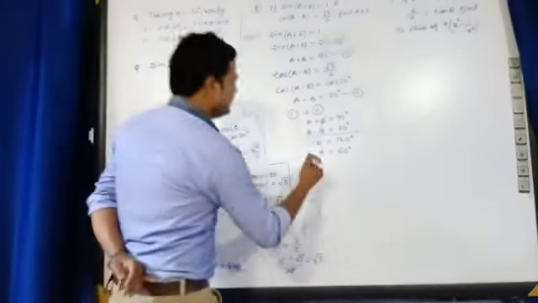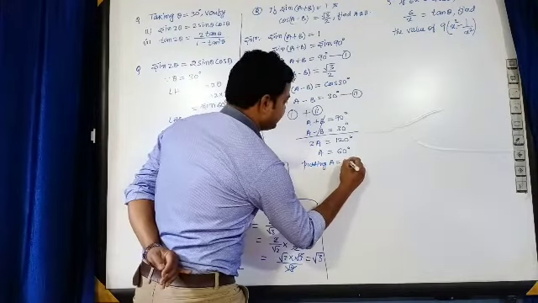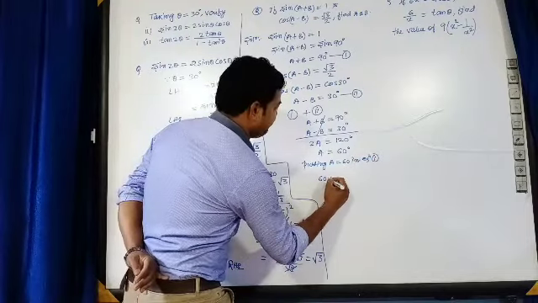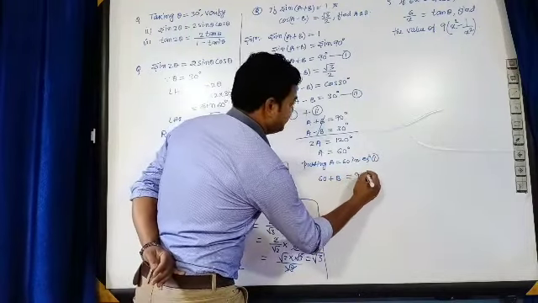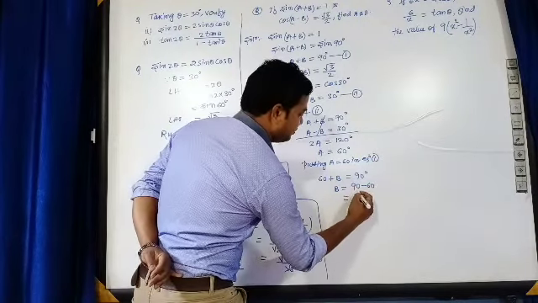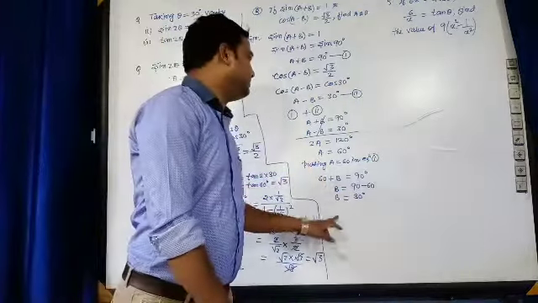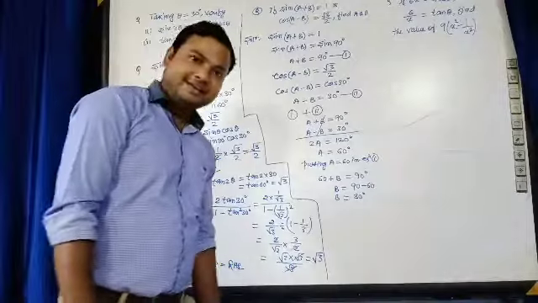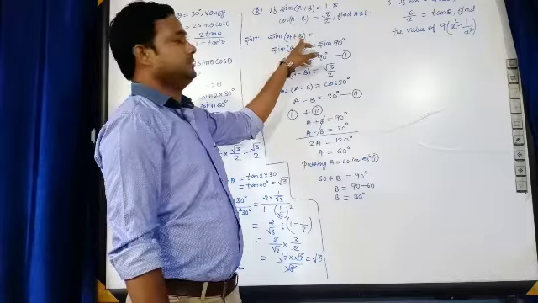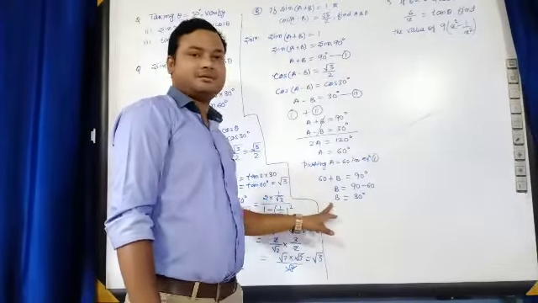Now putting a equal to 60 in equation 1, 60 plus b is equal to 90 degree, b equal to 90 minus 60 equal to 30. Hence a is 60 and b is 30. How to verify? Look, 60 plus 30 is 90, and we know that sin 90 equal to 1. So our answer is correct.